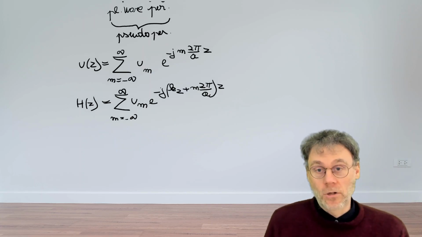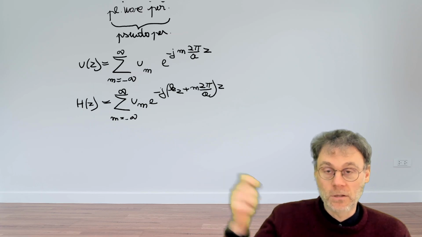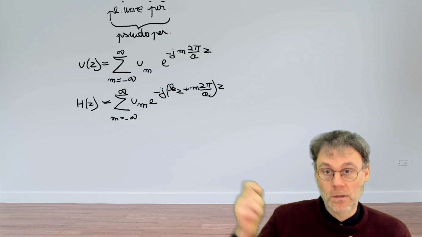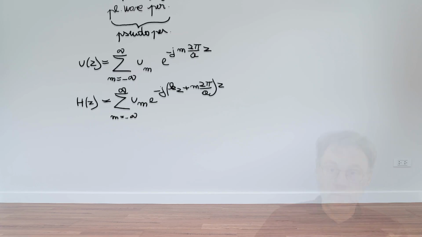So this gives us yet another way of looking at the Bloch mode. So pause the video and try and interpret what we've written down here. And perhaps you can also find a relationship between this and the Brillouin zone that we've introduced in the last video.